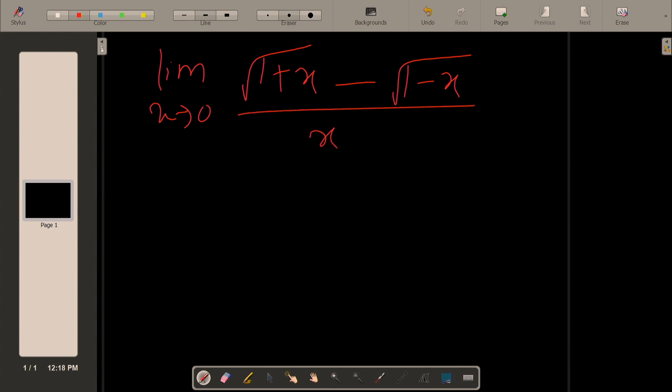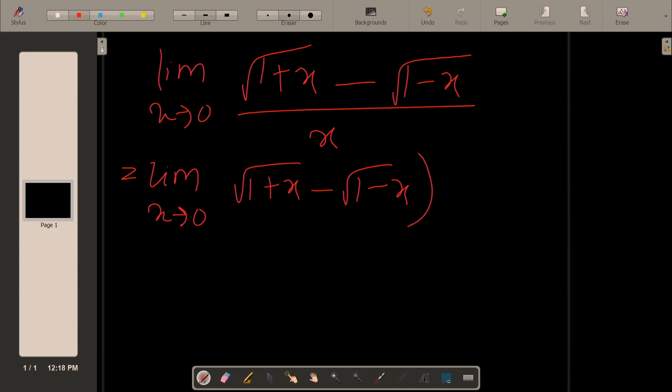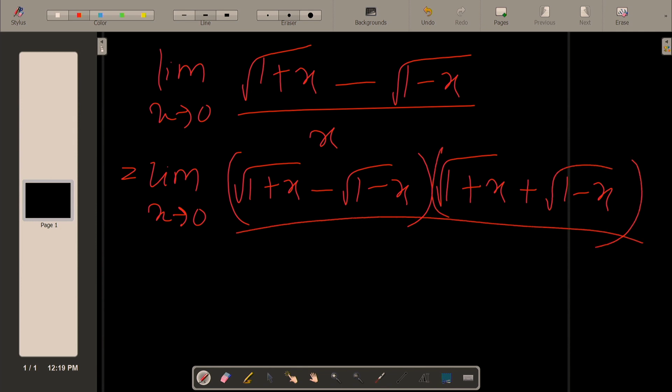So I can take limit x tends to 0, square root of 1 plus x minus square root of 1 minus x, and the same square root of 1 plus x plus square root of 1 minus x, divided by x.